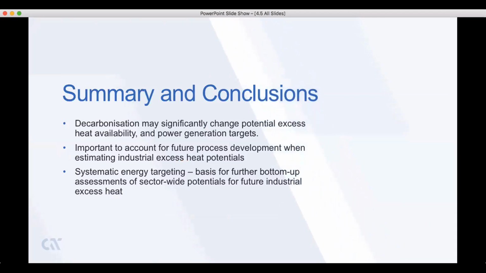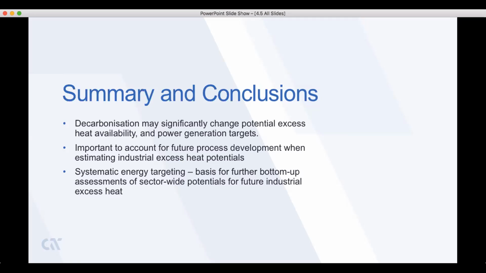To summarize, the theoretical analysis of excess heat availability indicates that both quantity and quality of excess heat will increase in both cases. However, the impact on the power balance is more significant, and in both cases, power imports increase significantly. Of course, more case studies are needed to draw general conclusions, both regarding the industrial sectors investigated in this work and industry in general.